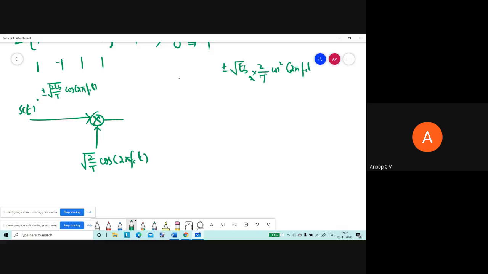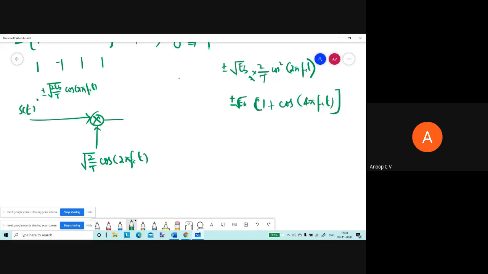In the last class itself I told that cos square 2 pi FCT is nothing but 1 plus cos 4 pi FCT. So this will be either plus or minus root EB times 1 plus cos 4 pi FCT.